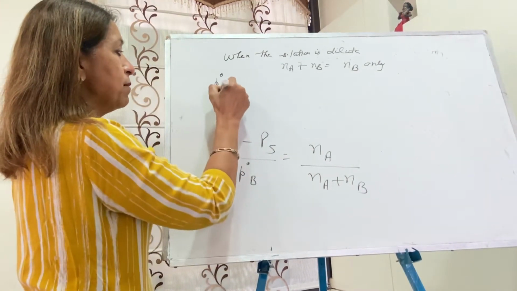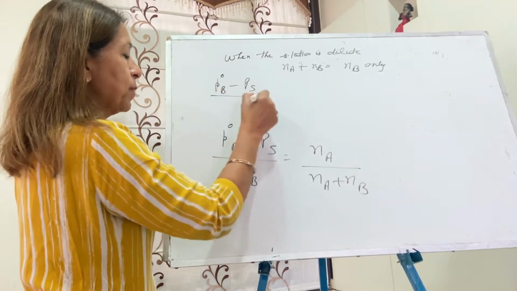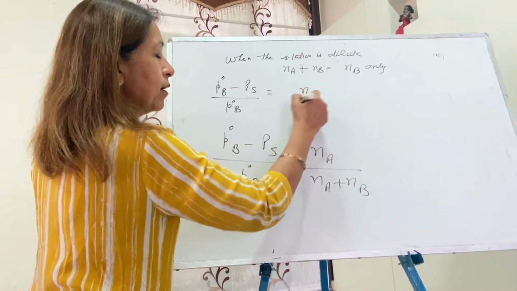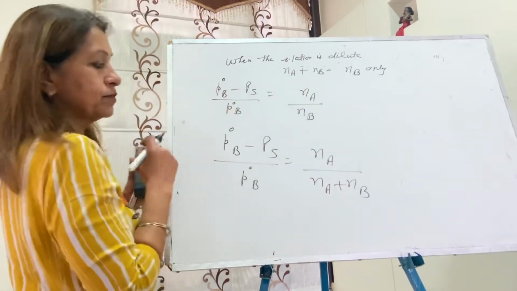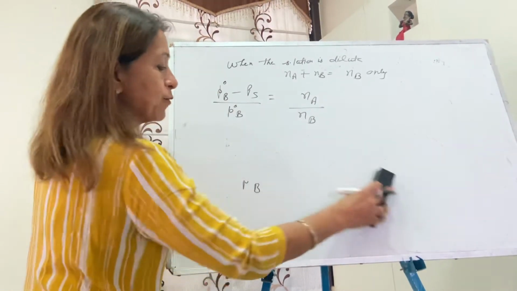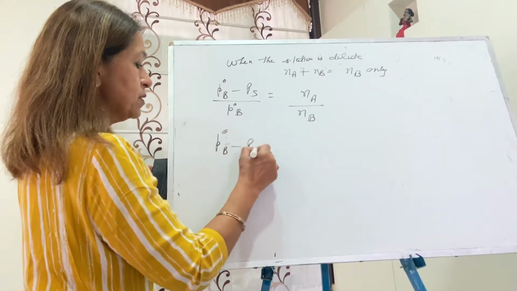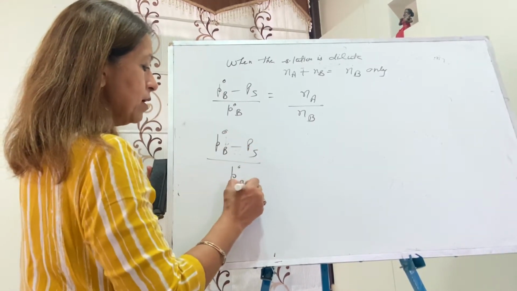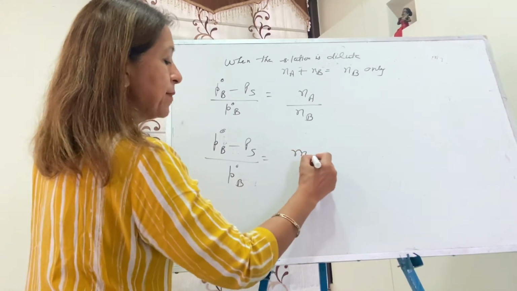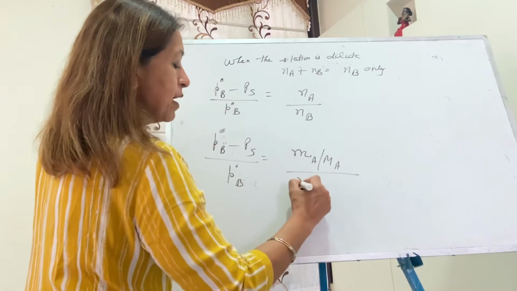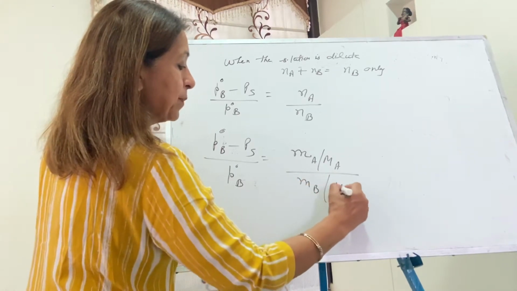Simplify: P naught B minus PS by P naught B is equal to Na by Nb. Next, up to molecular weight, now you carry on further. P naught B minus PS by P naught B is equal to small ma by capital MA, small mb by capital MB.